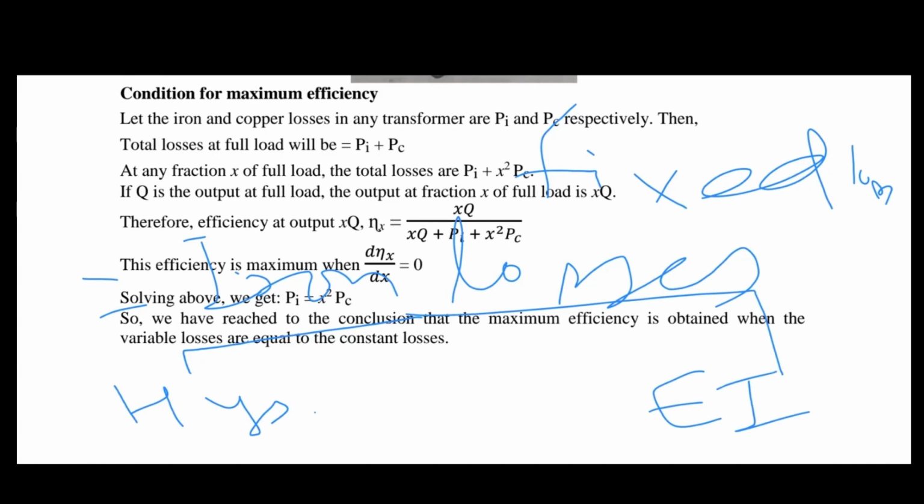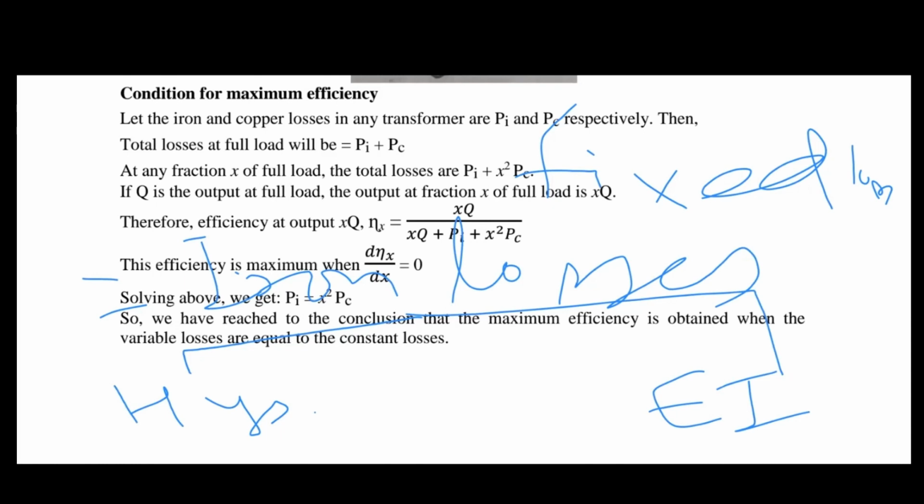These losses are fixed irrespective of the current flowing to the load, whether it is no load condition, full load condition or half load condition, it is not going to affect them. Why? Because we have seen the formulas of the hysteresis loss and eddy current losses.